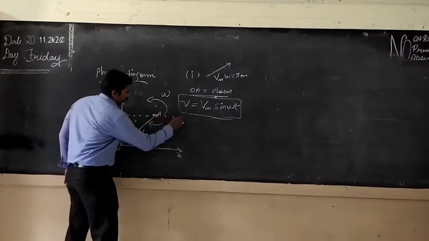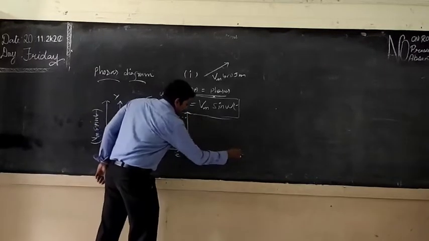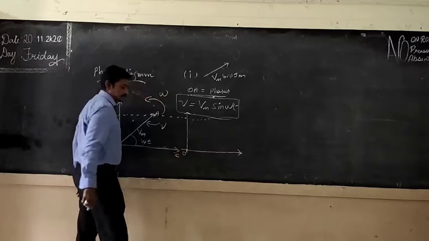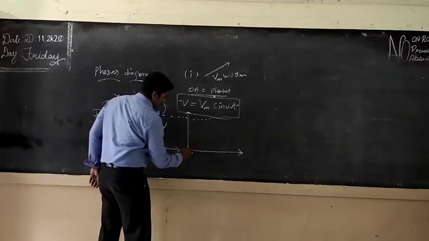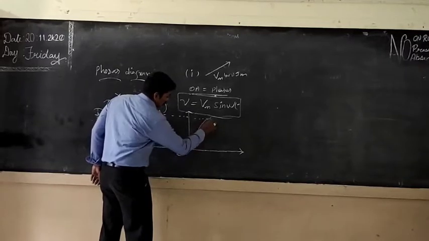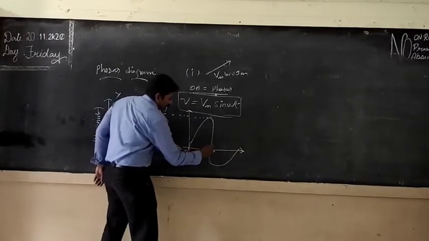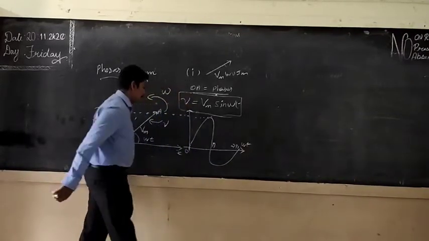I am going to draw the voltage with the origin, 0 to pi and 2 pi, and omega t.